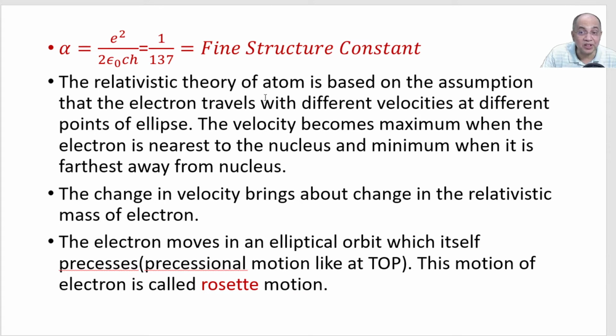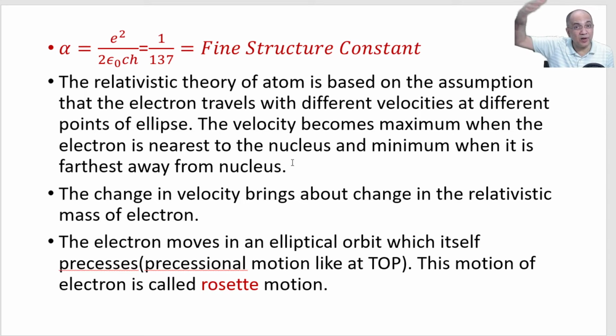The relativistic theory of the atom is based on the assumption that the electron travels with different velocities at different points in the ellipse. The velocity becomes maximum when the electron is at the nearest point to the nucleus, because of maximum attraction.